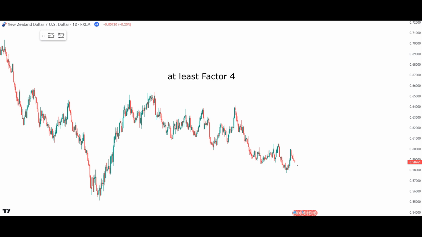For example, if you want to trade the 15 minute chart, looking at the 1 hour chart and the 4 hour chart would fit because each is a factor of 4. But of course, it can be higher than factor 4, for example factor 6 as well. You just have to see which works best for your strategy and for yourself.